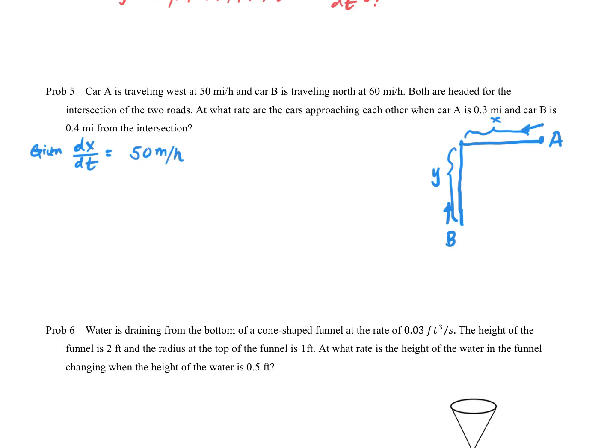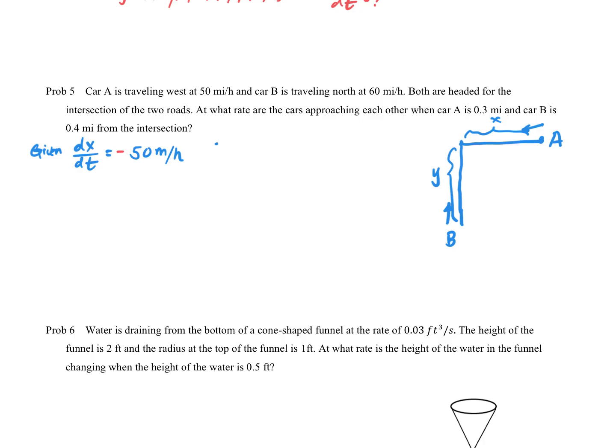And actually, if we want to be very rigorous, it should be negative 50 miles per hour, because this distance is decreasing, is shrinking. This negative sign means it's shrinking the distance from car A's position to the intersection. So we should use a negative sign there.